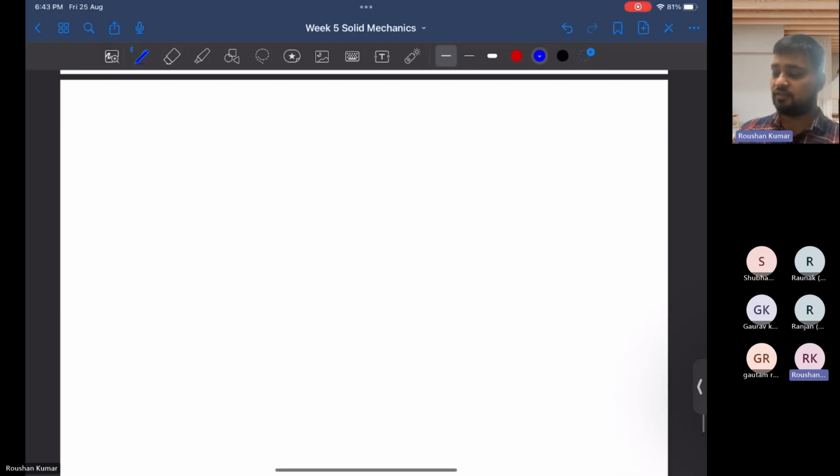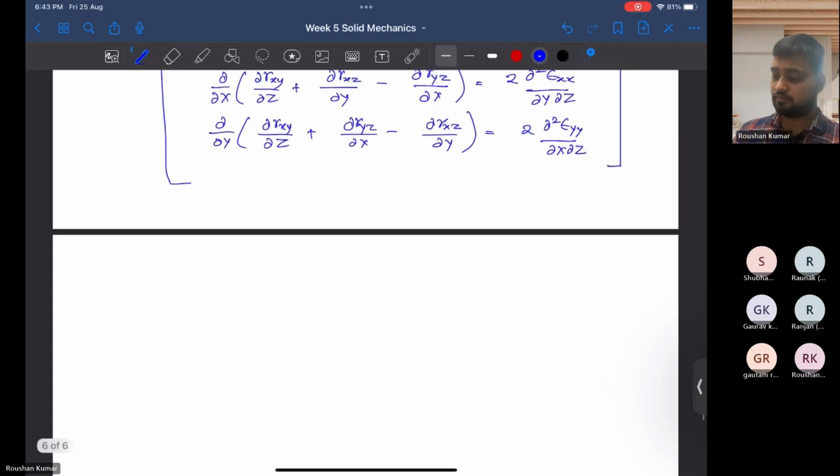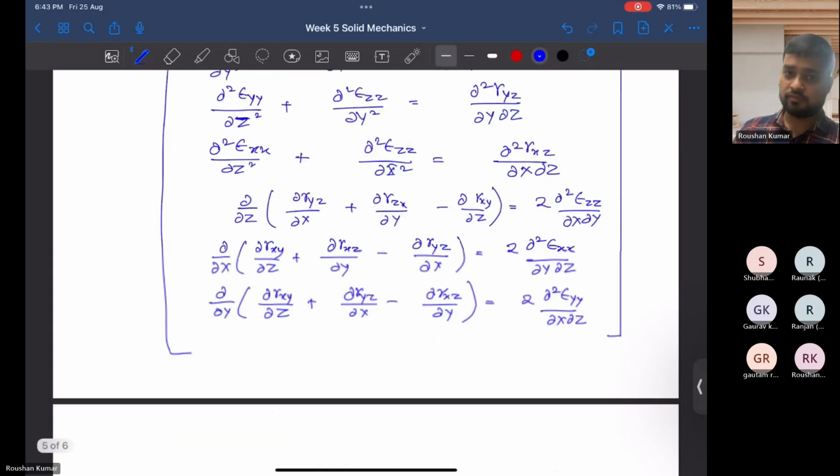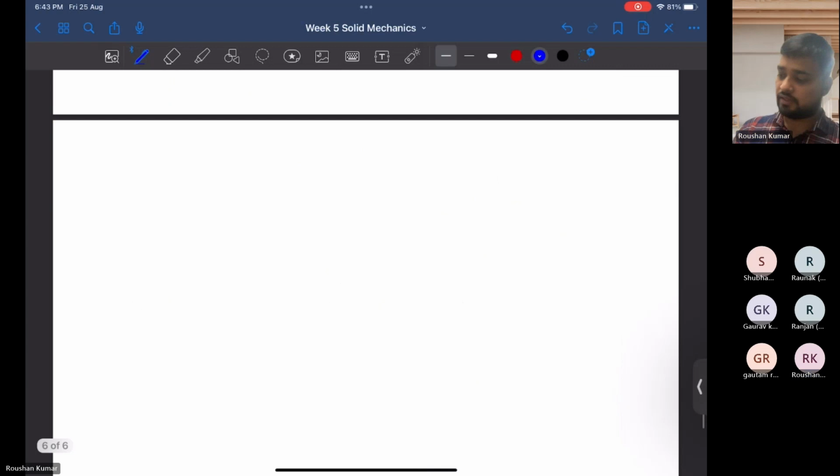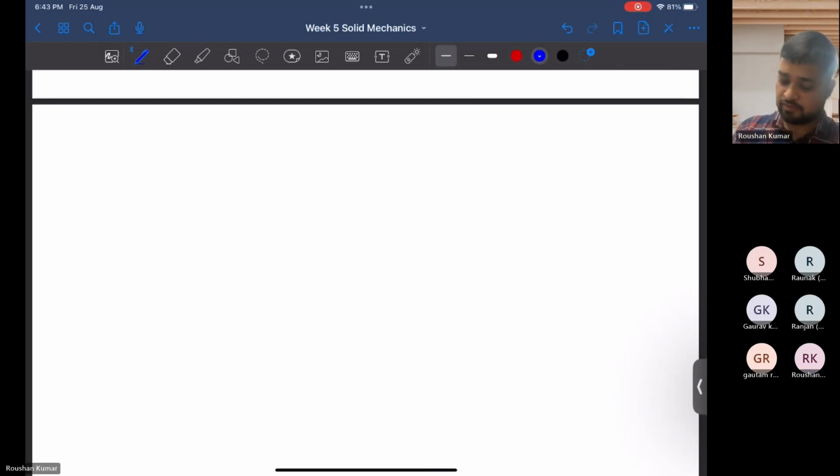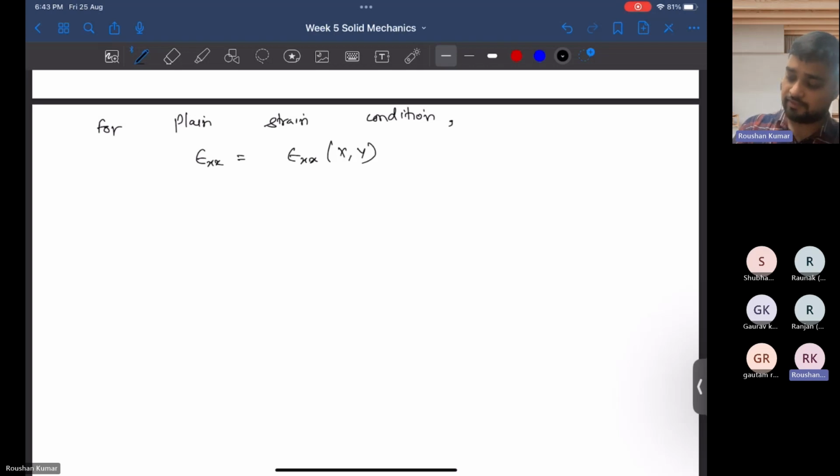So we have a special case, that is the plane strain condition. For the plane strain condition, epsilon xx is a function of only x and y.